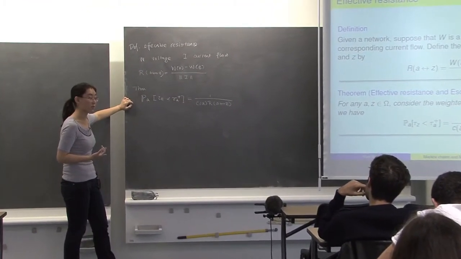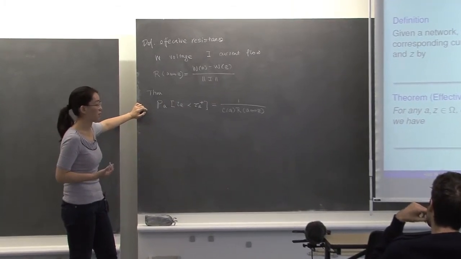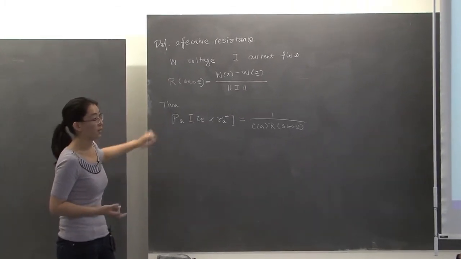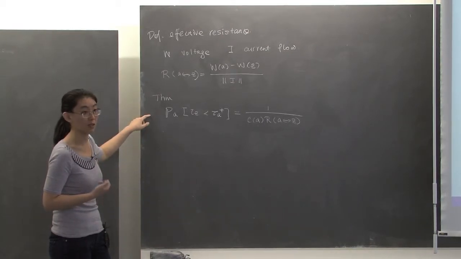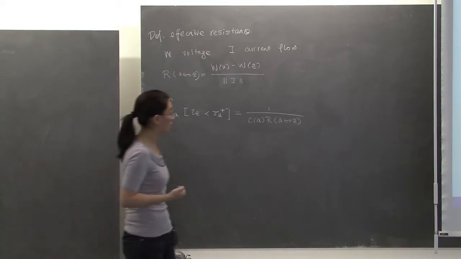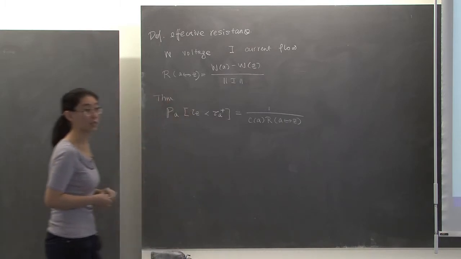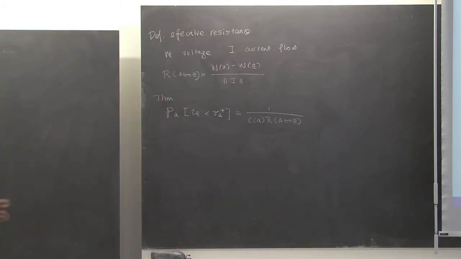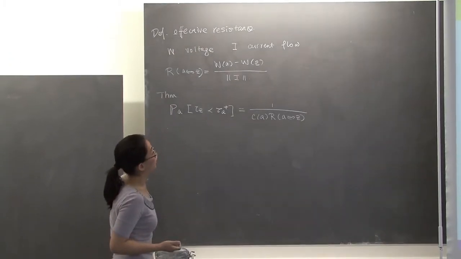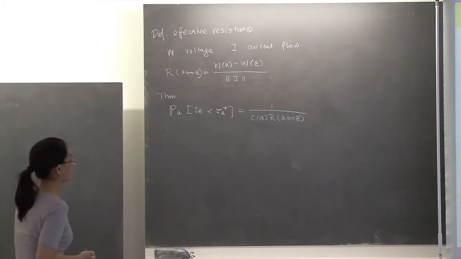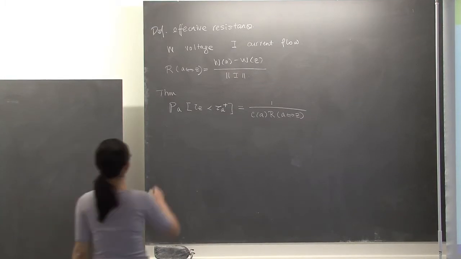In fact, it is not obvious at first why some operation to the network increases or decreases the escape probability. But from the relation here, we can clearly check it. Okay, so this is the importance of this theorem. It tells us the relation between effective resistance and the escape probability, and why this relation is true.